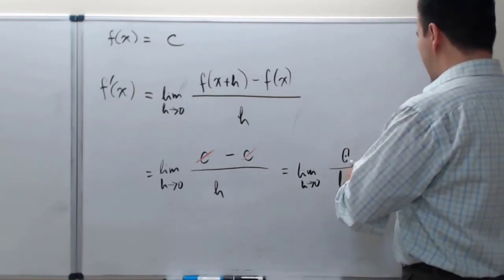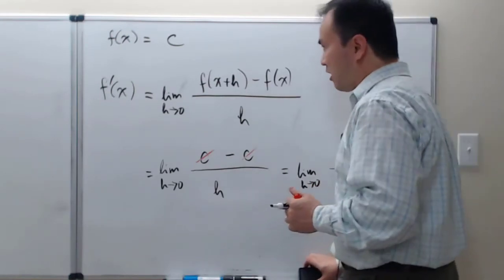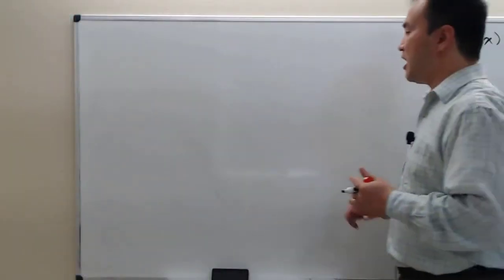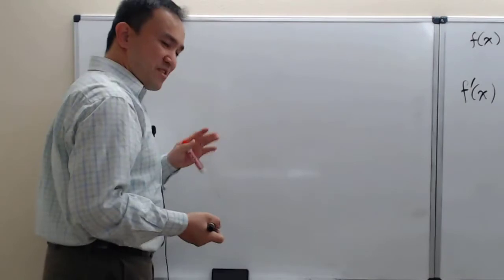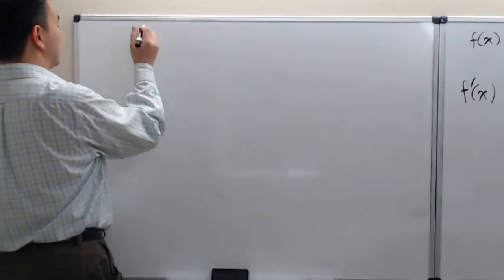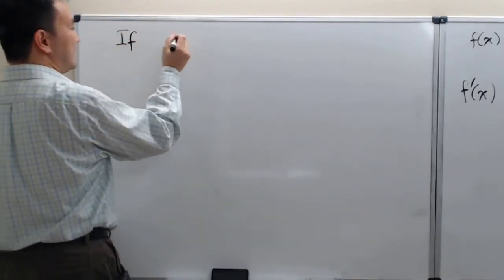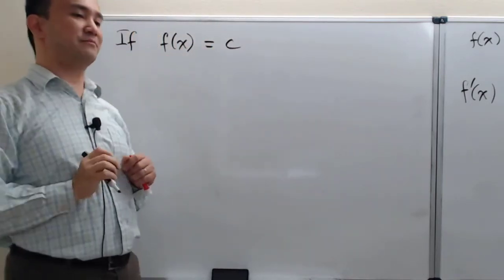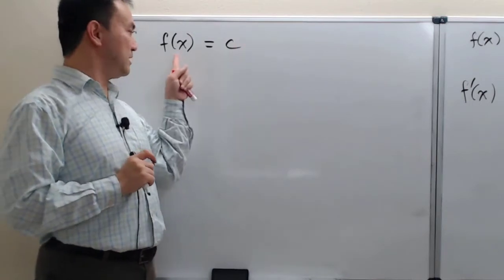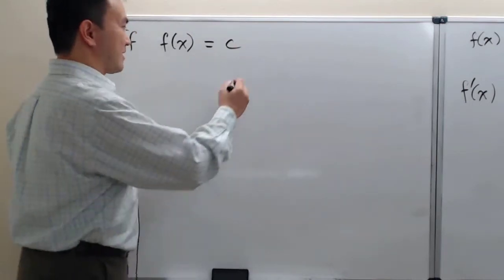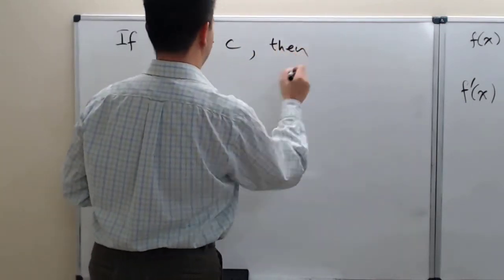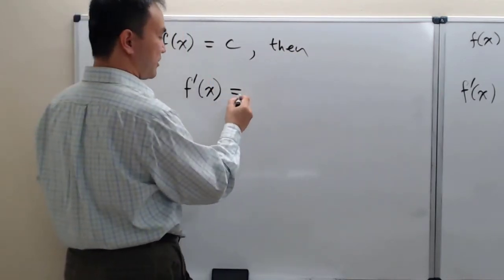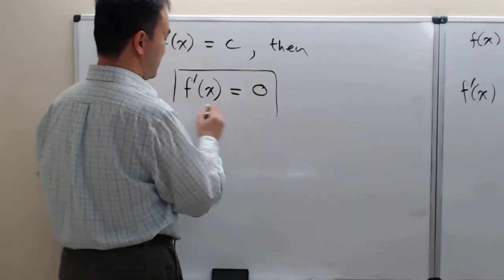Now generally speaking, after all the results we have done, and I worked particularly on the function being a constant function, here's one way I can express that. If we have a given function being a constant function, f of x equals c, then the derivative of this kind of function will always be 0.